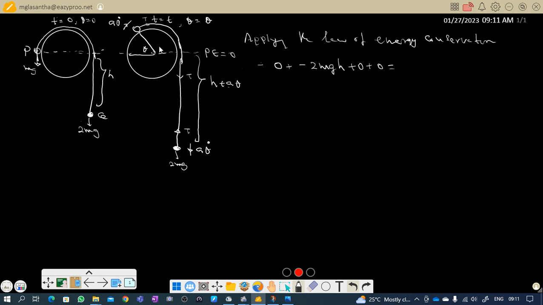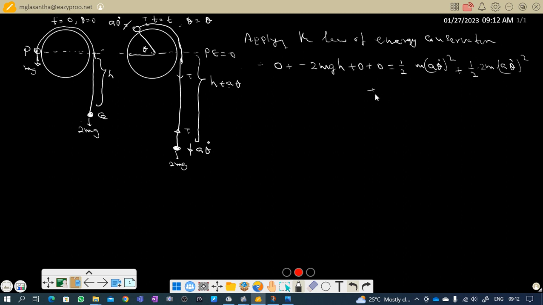When it rotates by angle theta, what is the kinetic energy of particle P? Particle P is mass m, so half m times a theta dot, whole thing squared. Then the kinetic energy of particle Q is half 2m times a theta dot, all squared.